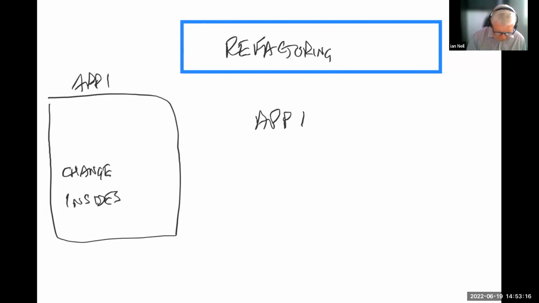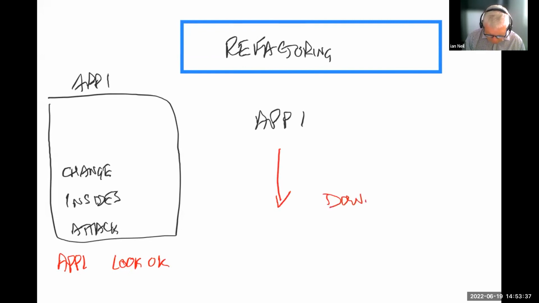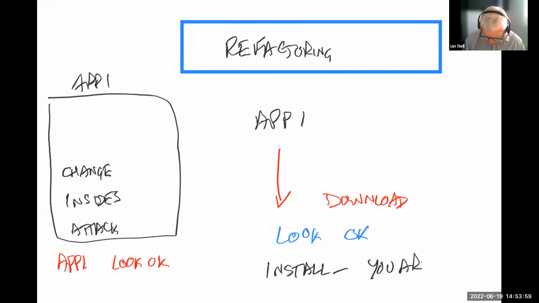And he is going to attack your network. But the App 1 looks okay. So what happens here? You download app 1, and at this stage, it looks okay. But when you install it, you are attacked. How's that? Please take a picture.